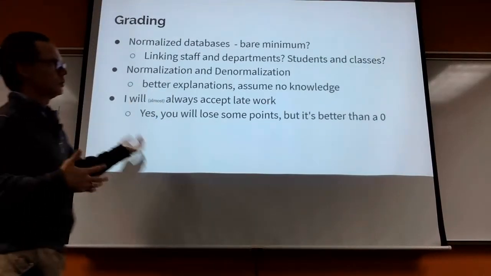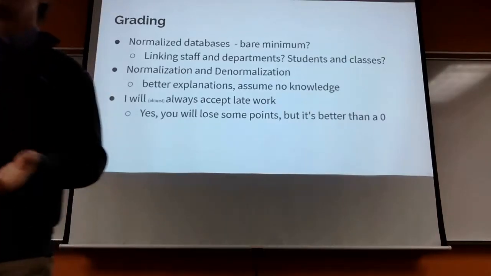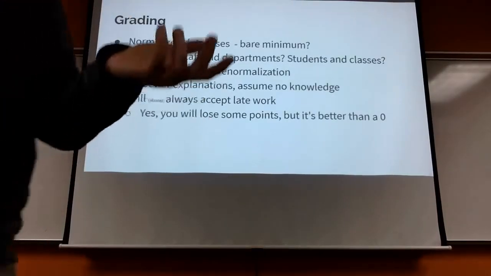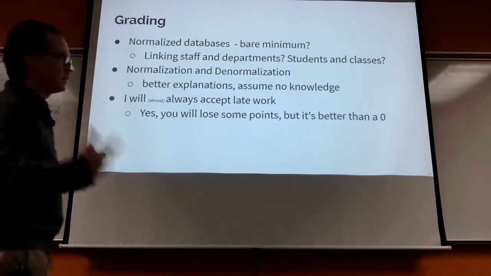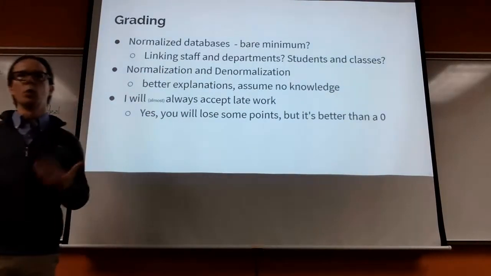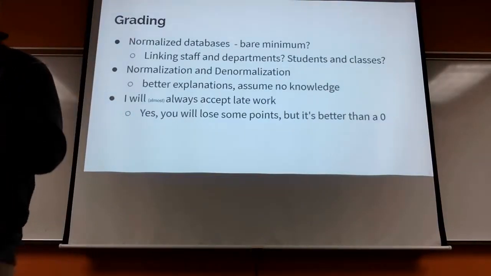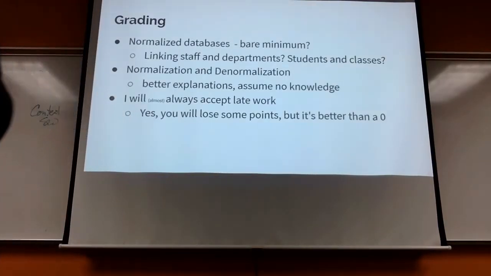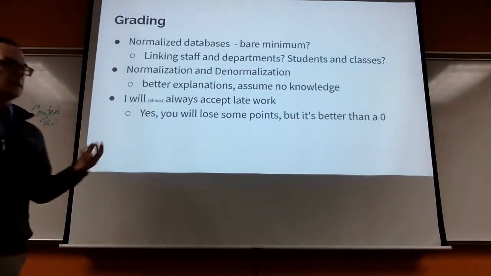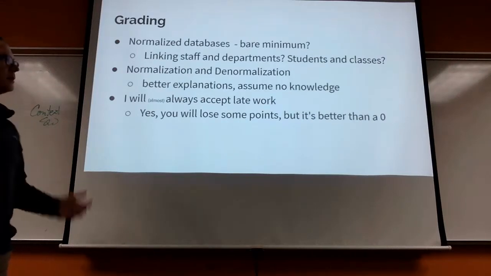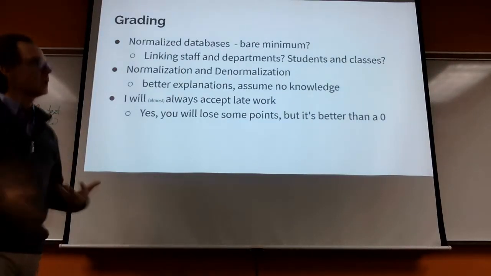If you have students in classes, it's a pretty boring university if the students are not linked to any classes. So I would like you to try and make it as real world as possible within reason. Obviously, I'm not expecting you to create 500 tables to mimic an actual university database. But within the 10 tables that you have, 5 or 10 tables, do the connections. Make it realistic.